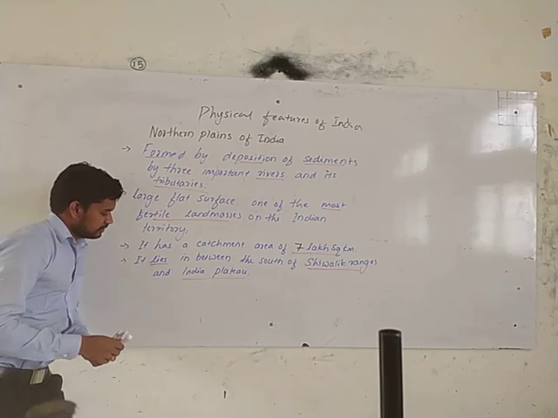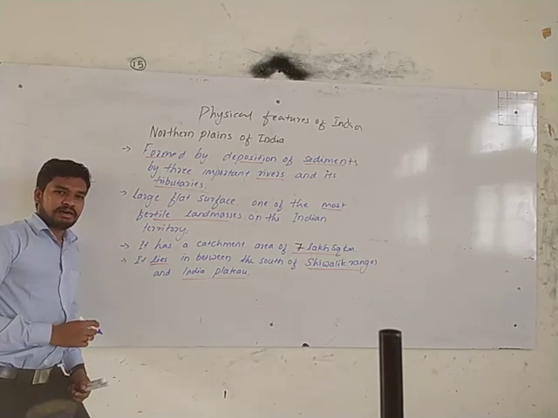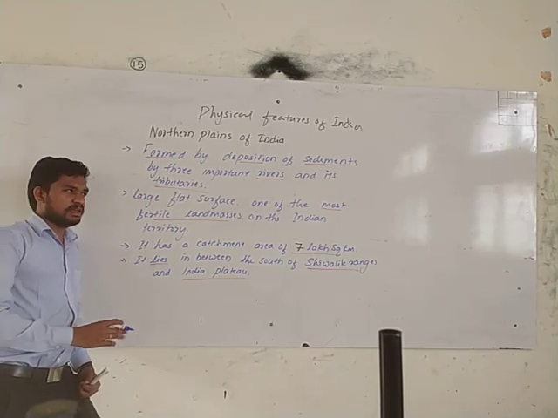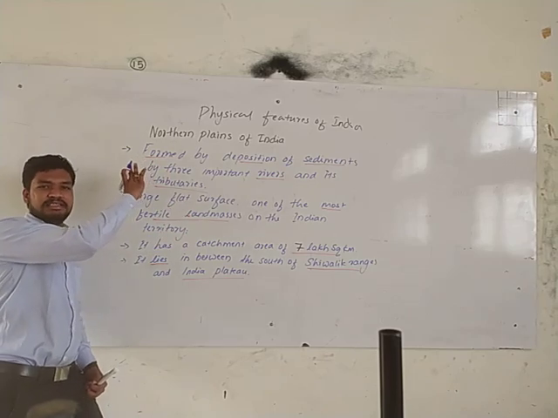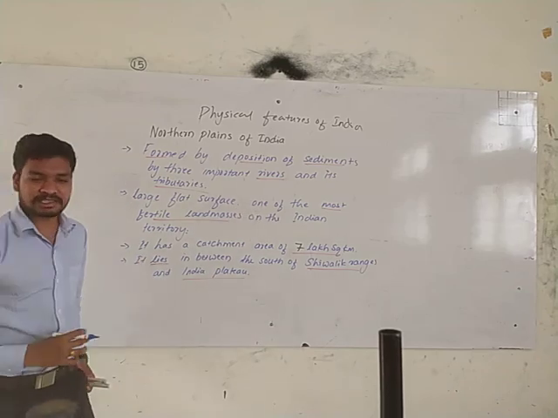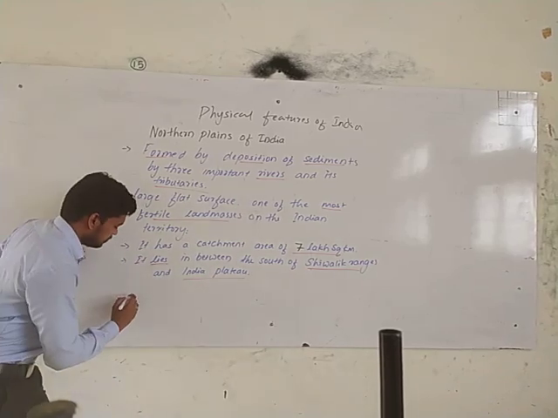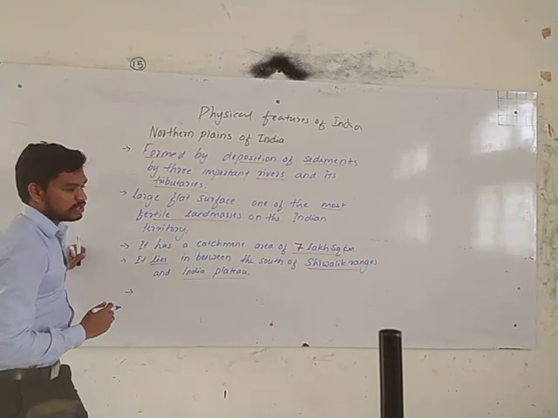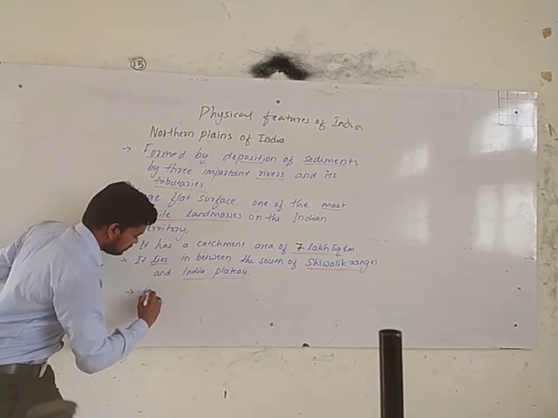It has a width like the Himalayan mountain ranges. In the western direction, the Himalayan mountain ranges' width is somewhat more. As you go towards the eastern direction, the width decreases. Same here in the northern plain, the width varies.